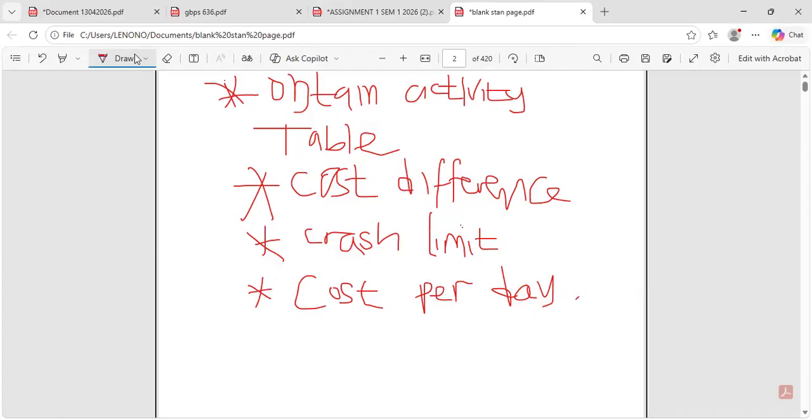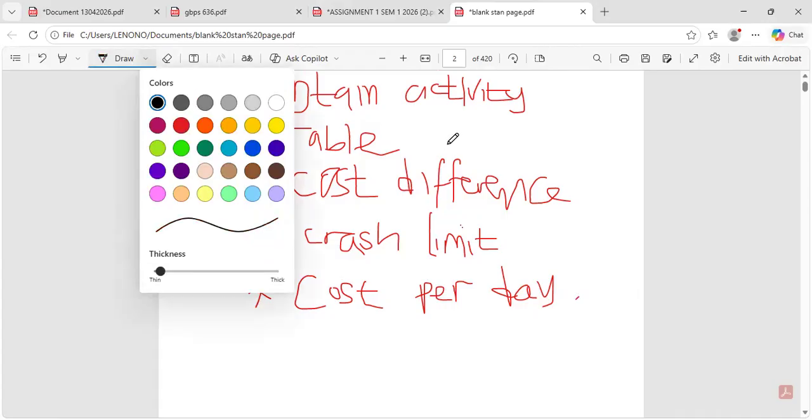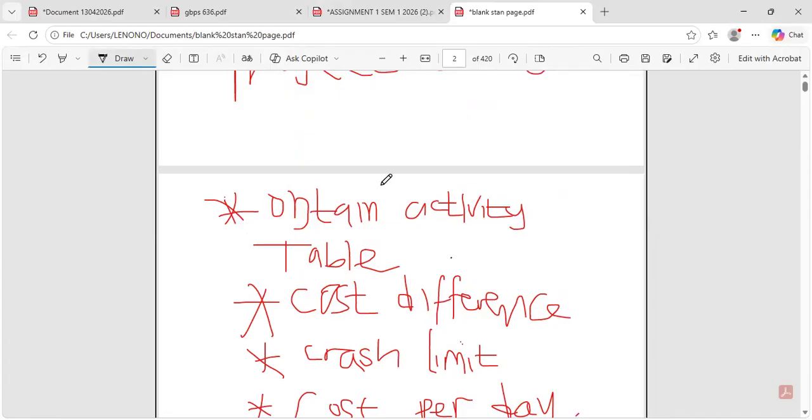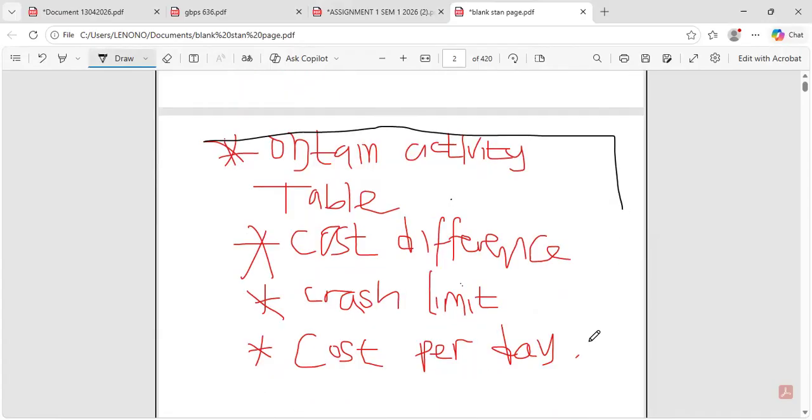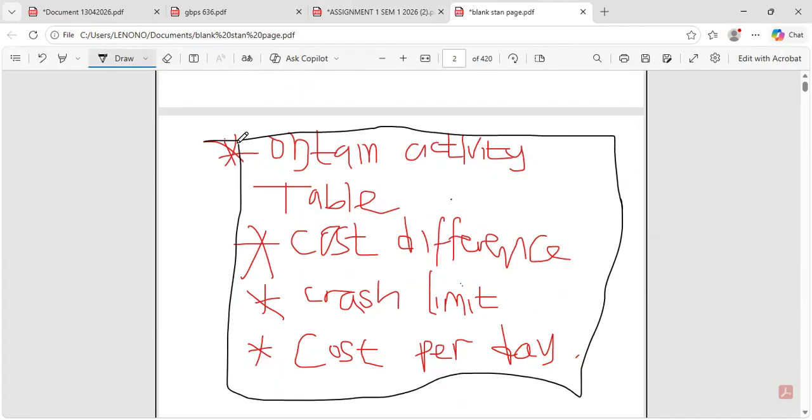These are the three things that an activity table will consist of. So when you get an activity table, you should expect to have these: the cost difference, the crash limit, and the cost per day.